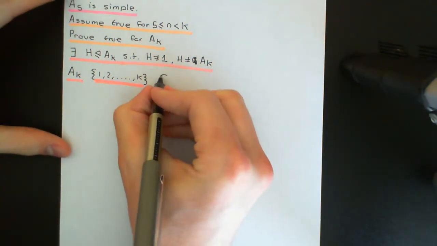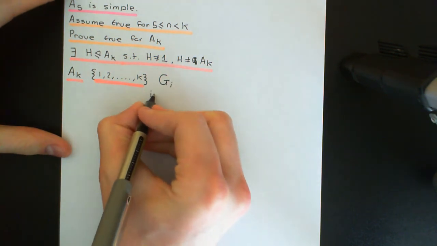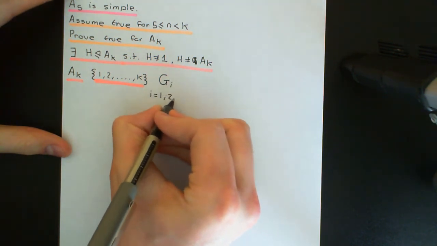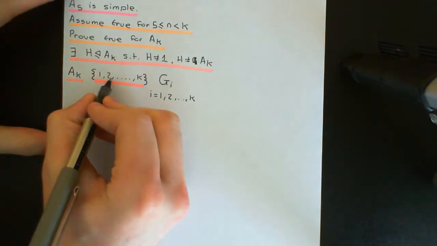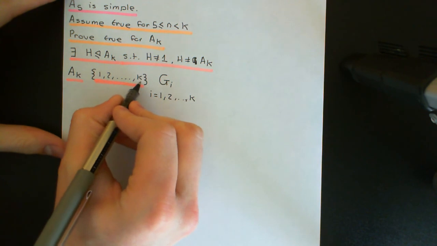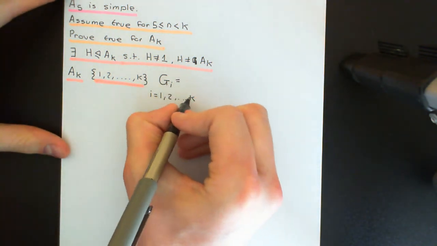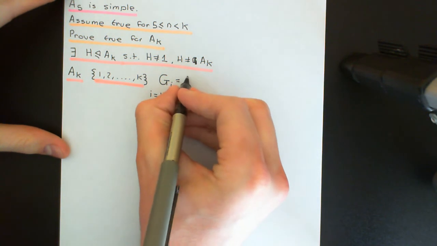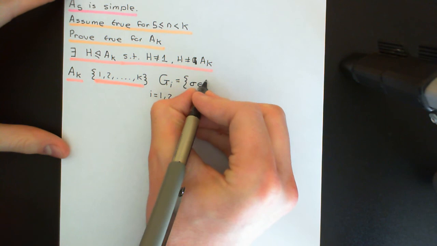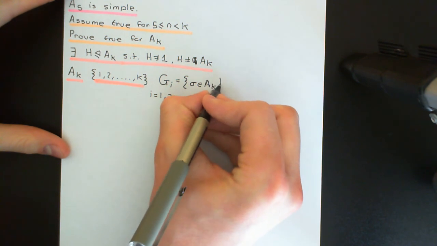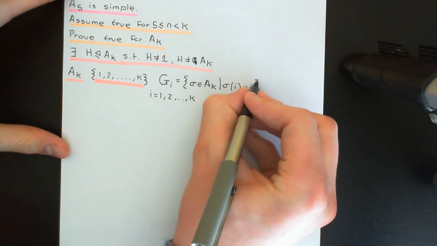So I'm going to create subgroups which I will call capital G subscript i, and this i here can be any number from 1 to k, so 1, 2, all the way up to k, and this is why it is convenient to use the natural numbers here as the elements of the sets here. Okay, and these are just going to be the stabilizers of each of those elements. So this will be defined to be all the, let's say, sigma, which is an element of A_k, such that when sigma acts on little i, it fixes it. So the answer is little i.